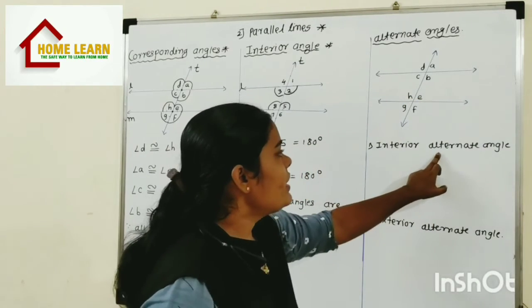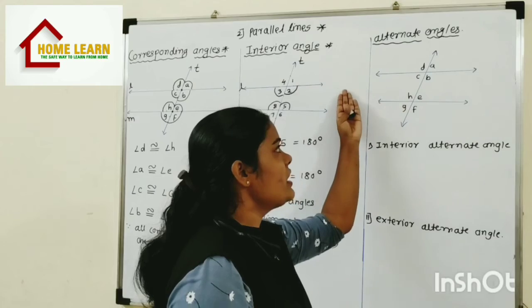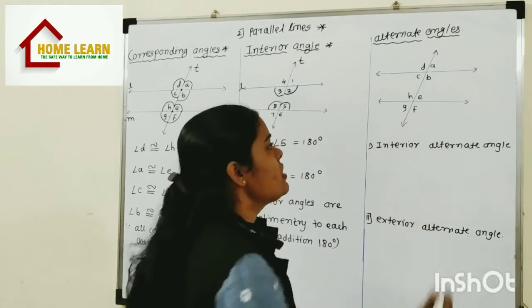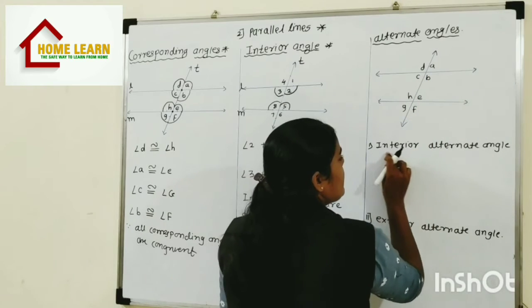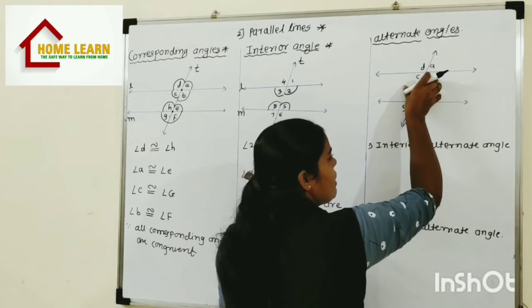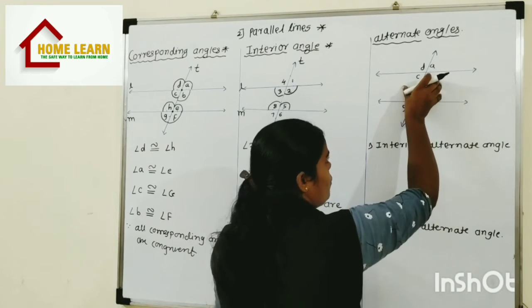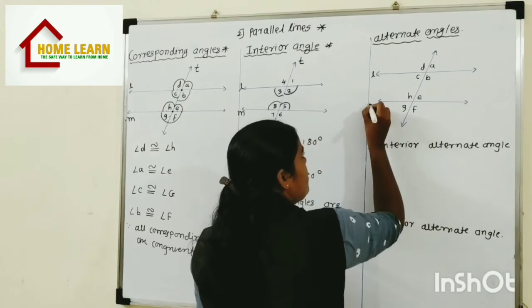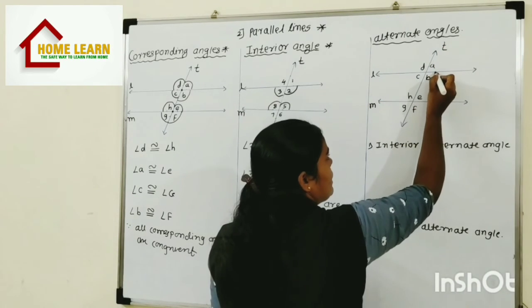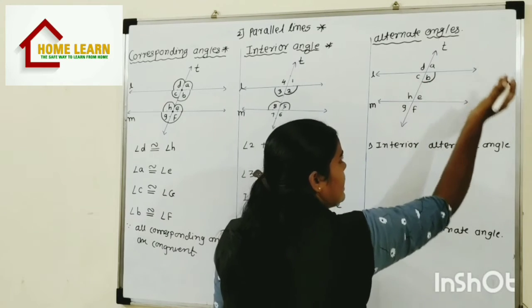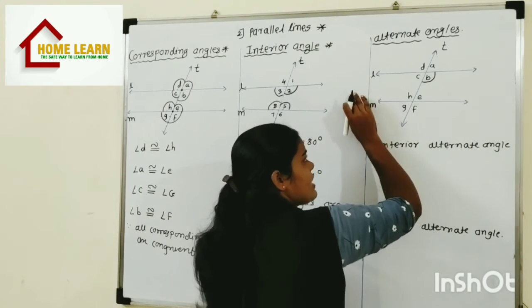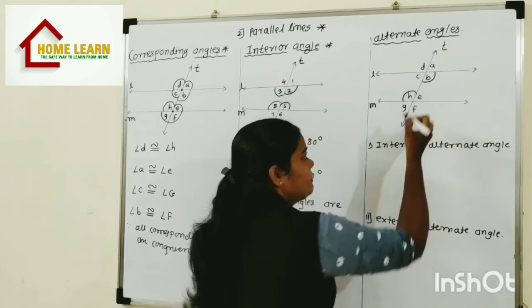Alternate angle means one angle is on one side and the other is on the other side, alternately. If we take interior alternate angles, that means only the part inside the two lines. First give names L, M, and this is transversal line T. One angle is on this side of the transversal line and one angle is on that side, but alternate.